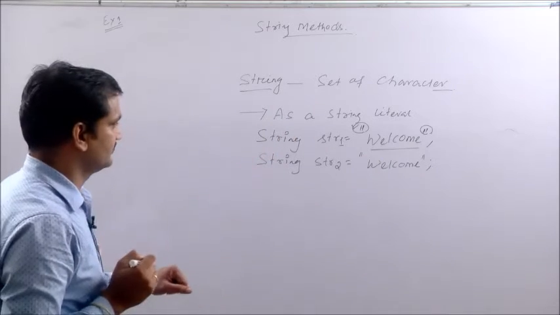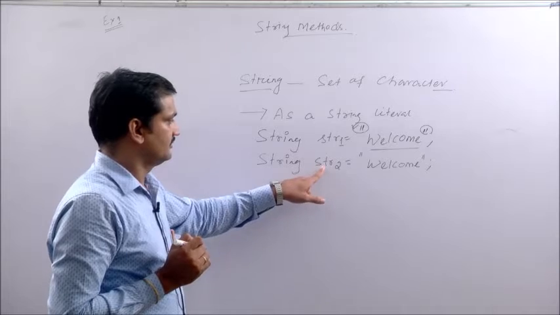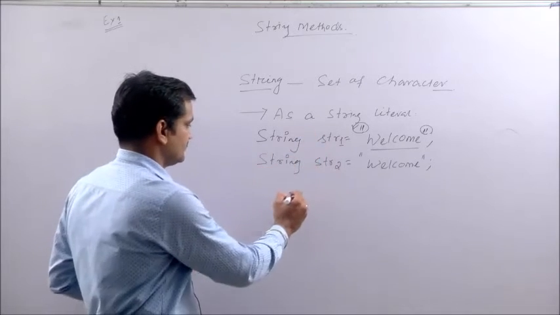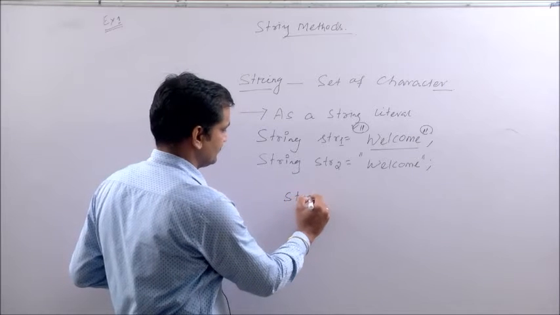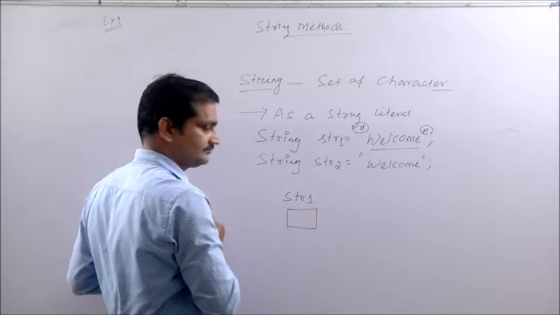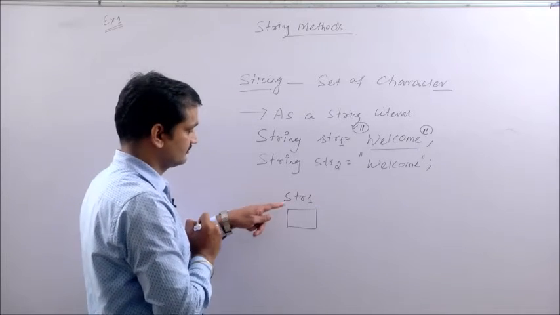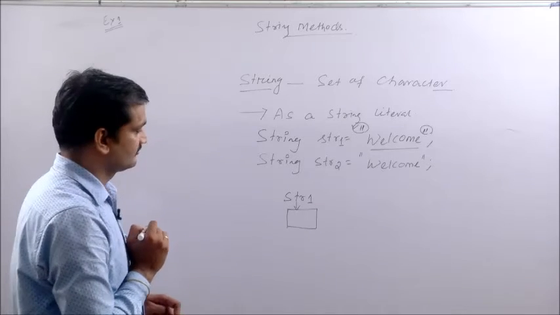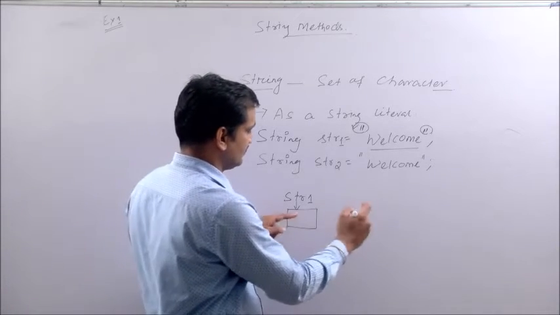Now what happened here? String 1 is the first object created, and memory is allocated for it. String 1 refers to this memory location, and it stores a value, that is welcome.